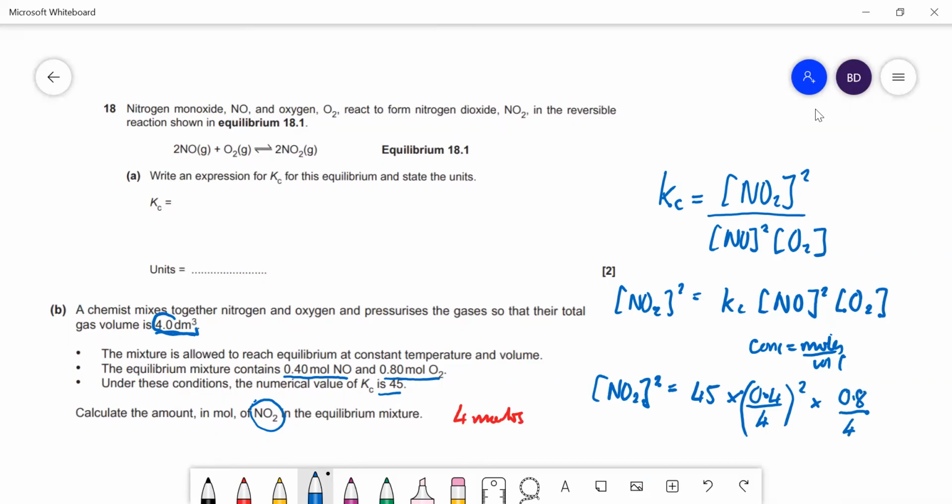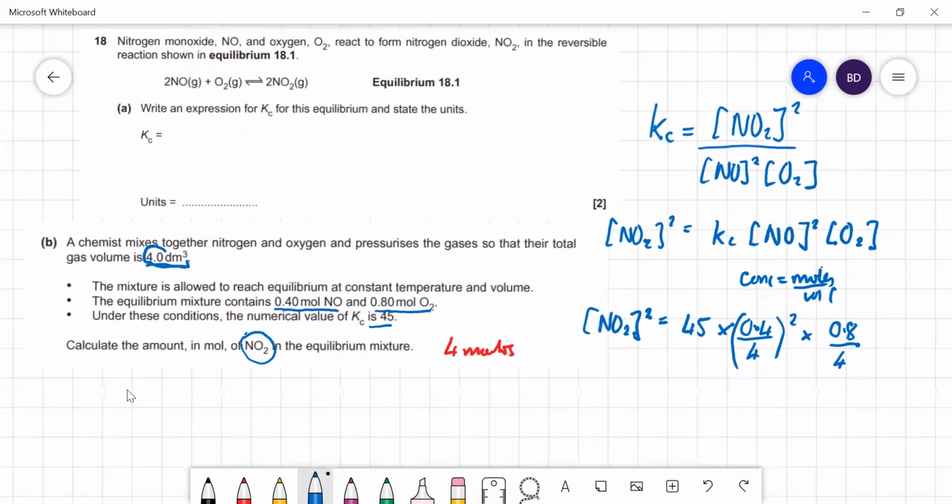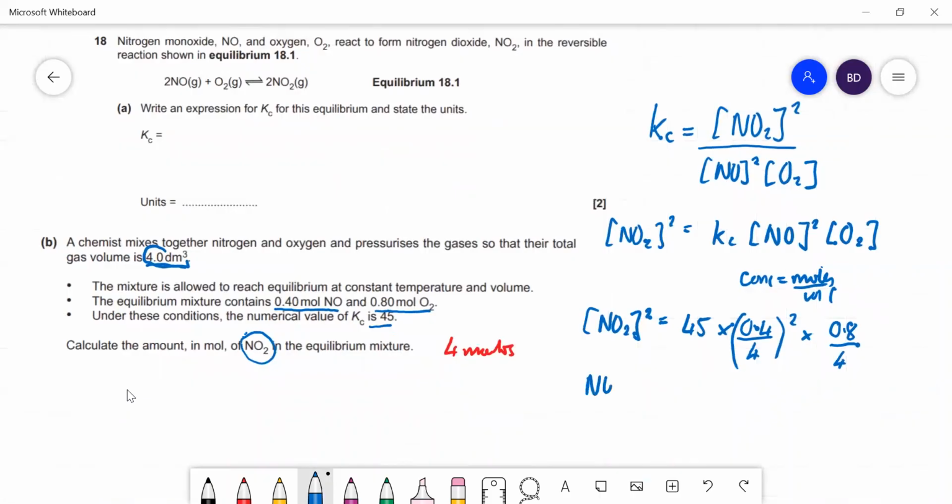Let's multiply all that out, and that comes to a nice round number of 0.09 if you put the numbers in your calculator. So the NO2 squared concentration is equal to 0.09. Let's take the square root of that to get the concentration of NO2. That's equal to 0.3.